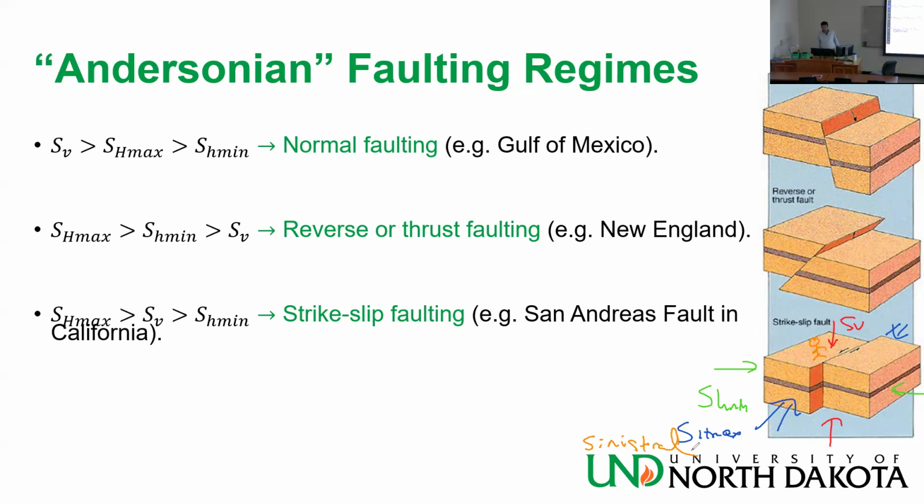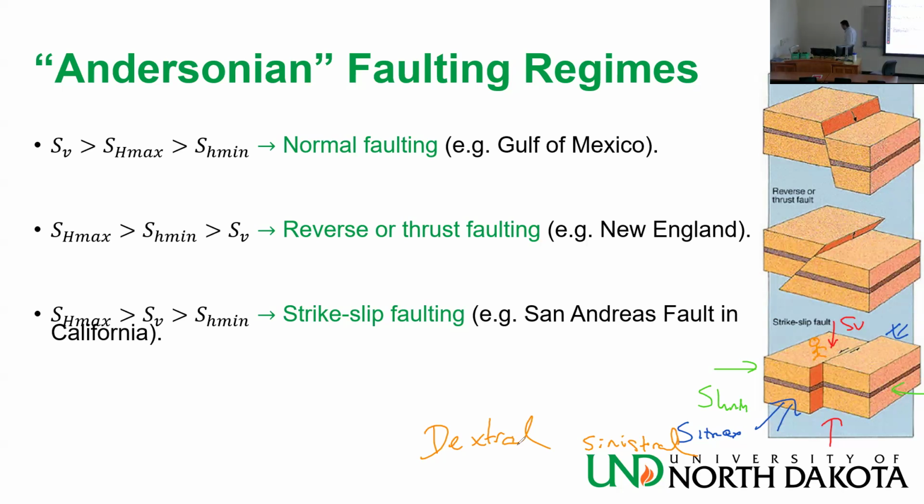The opposite is possible. It would be called dextral if everything is moving to the right. That has origins in the modern day word for right, which is dexia. Dextral means I'm standing and I'm looking at the other plate moving to my right. This is how San Andreas actually is.